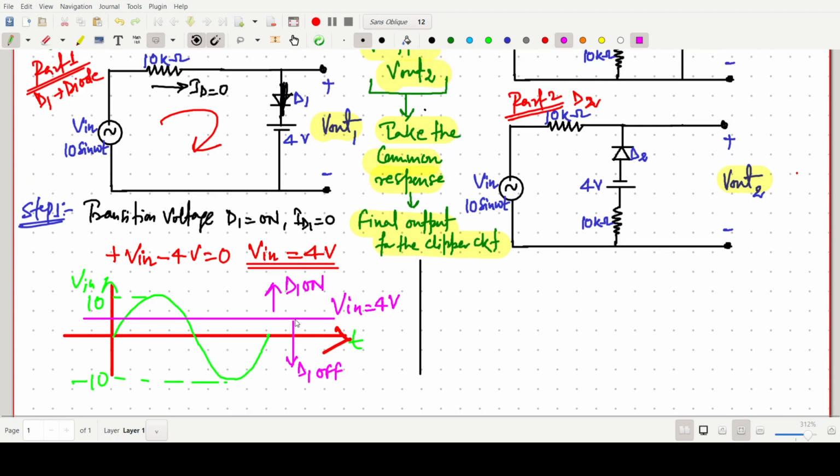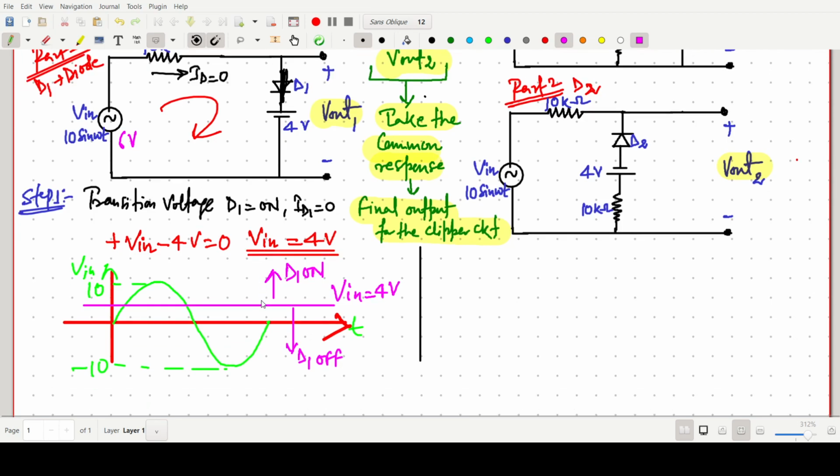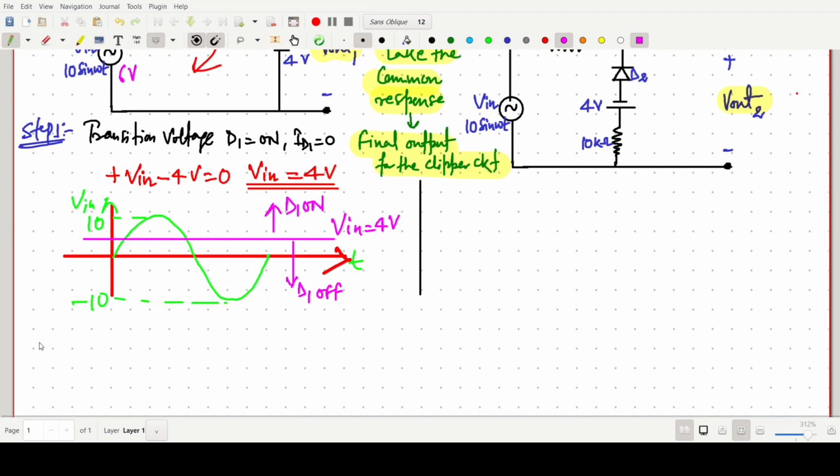Suppose above this line, V in equals 10 sin omega t is, say, 6 volt, so this is more positive than 4 volt. So D1 will be on above this line.